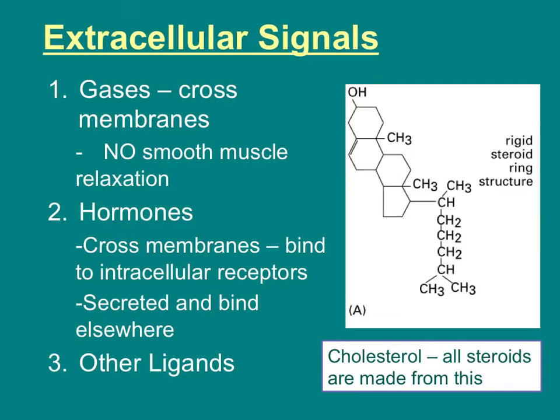So gases are nice because they are able to cross membranes, and other molecules, such as some hormones, can cross membranes without any problem because they're based on this steroid structure. Where do you remember this steroid structure from? Cholesterol. Right, it's part of your membrane, and it allows for some of these steroid hormones to cross membranes.